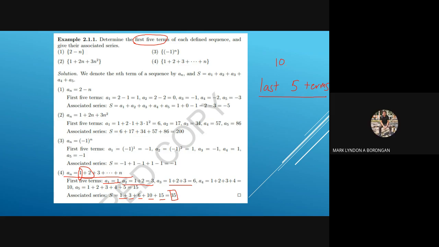Last 5 terms of the 10. What are the last 5 terms of 10? Sir, A6 to A10. A6 is 21, A7 is 28, A8 is 37, A9 is 47, and the last term, sir, is 58.